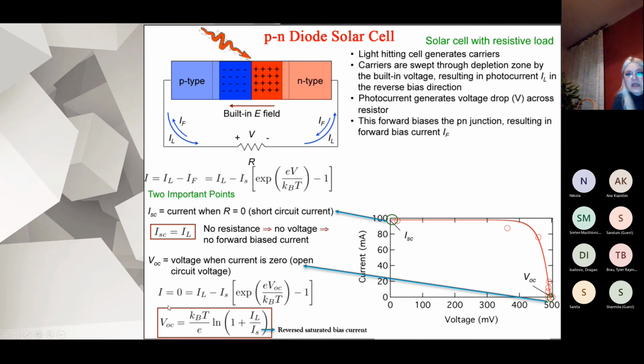Here we can see that the open circuit voltage depends on the light-induced current divided by the reverse saturation current, which depends on the minority carriers, that is, electrons in the p-type region and holes in the n-type region. So, I will finish my talk for today.